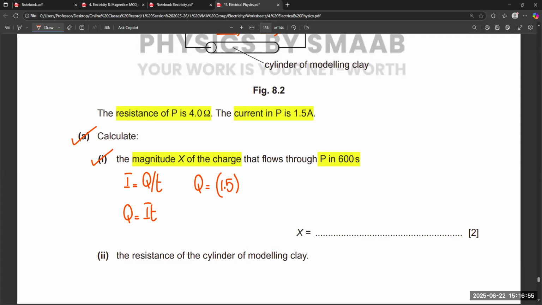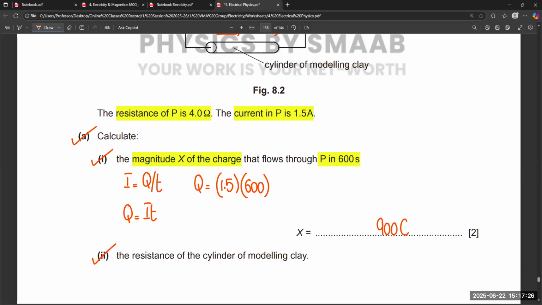Electric current 1.5 times 600 seconds, so the value of charge is 900 coulomb. This is the first formula we discussed in this chapter related to electric current. That gives you the answer, 900 coulombs for the charge.